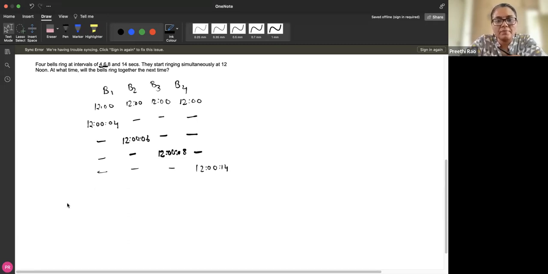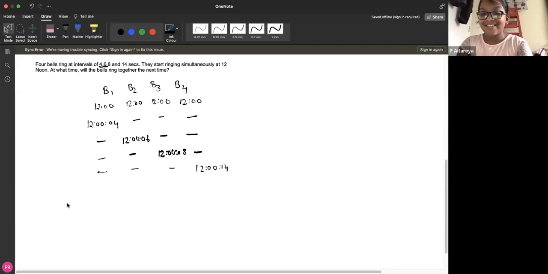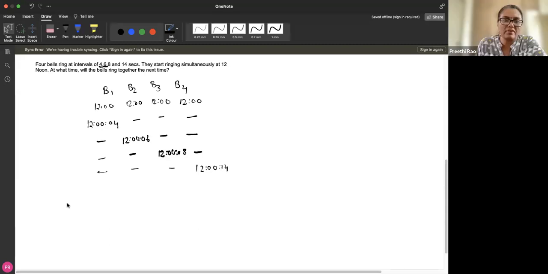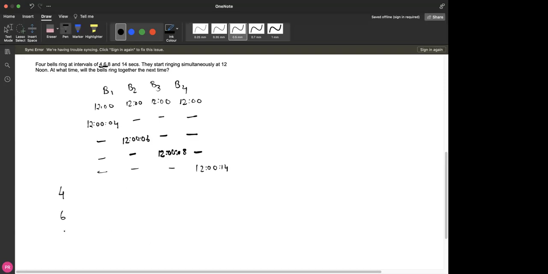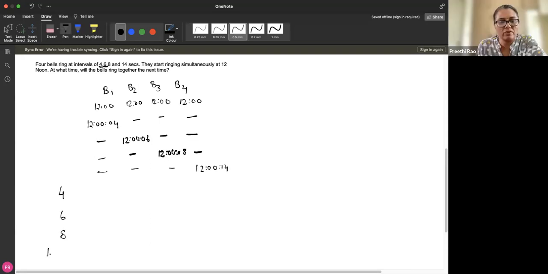Okay. So we know that the bells ring after 4 seconds, 6 seconds, 8 seconds, and 14 seconds. So how do we solve this problem? If I find the common multiple of 4, 6, 8, and 14, that is the time the bells will ring together, isn't it?